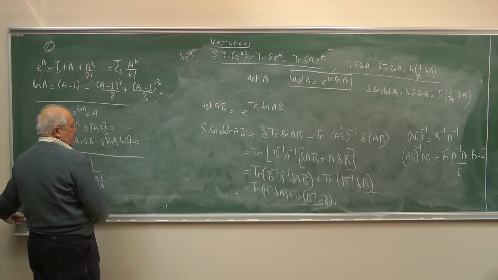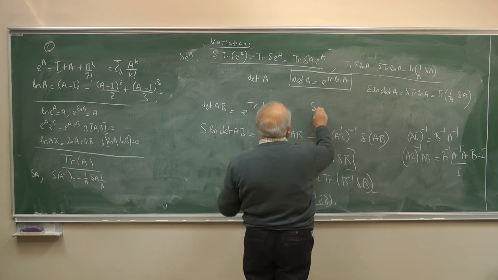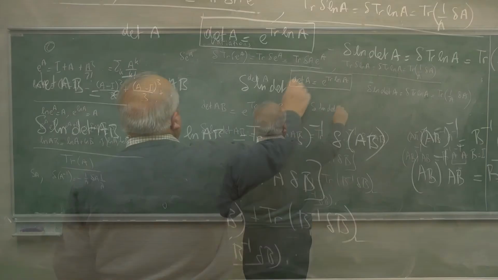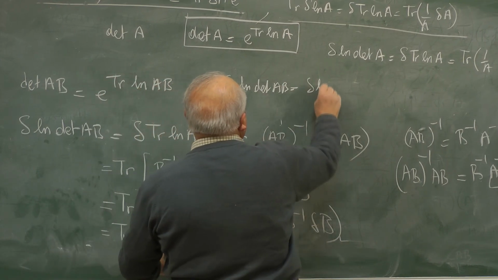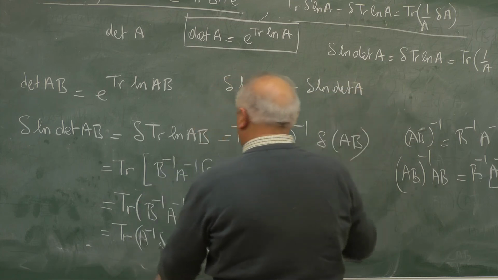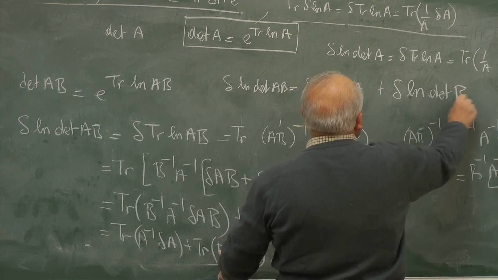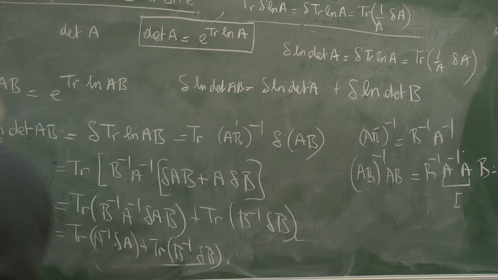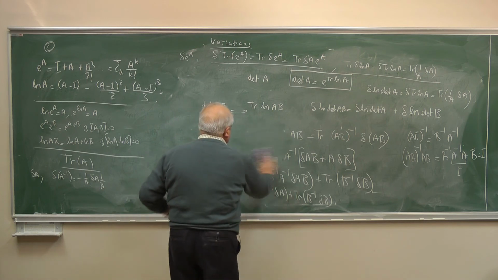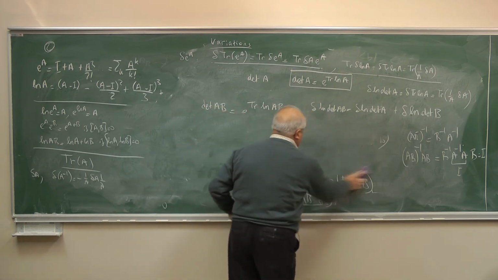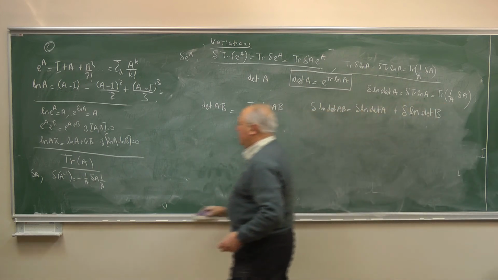I need some space. I move over here. Delta log determinant AB is equal to delta log determinant A plus delta log determinant B. Now I can erase this part, which integrates immediately.